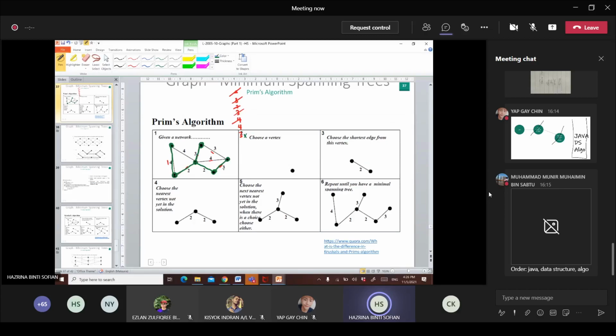Then we can calculate 2 plus 3, 5, 7, 10, 14. So our MST for this graph is 13. So you see, the rule is you need to visit all of the nodes and it cannot be cyclic. And thirdly, for Prim, there is an additional condition. We can only choose a vertex that is from the visited nodes. So this is Prim.